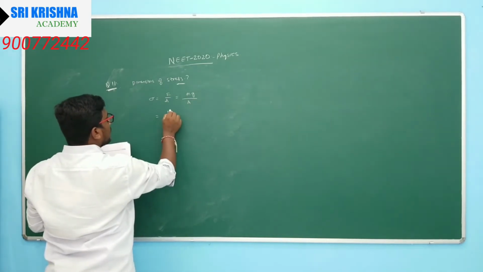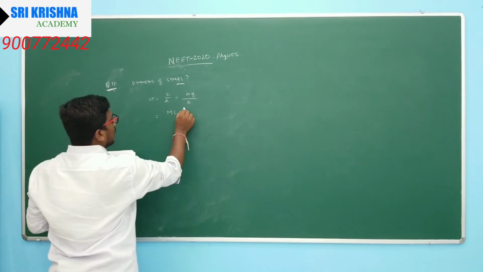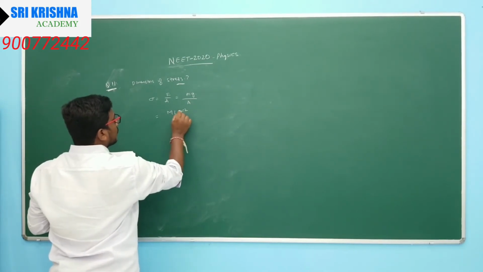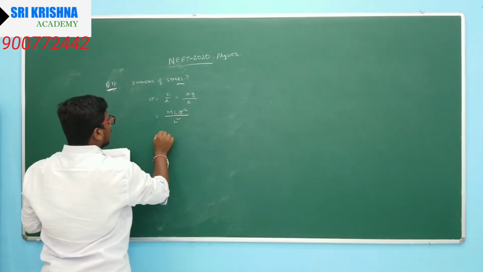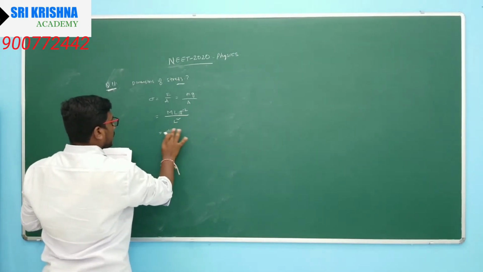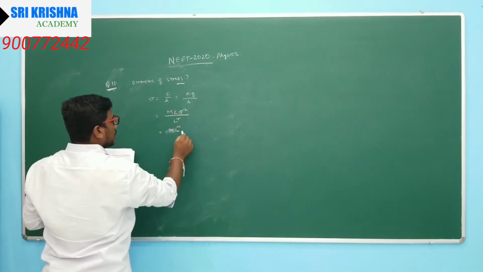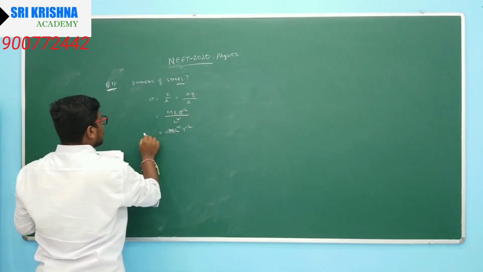M, acceleration is L t to the minus 2 divided by L square, right? So this is M, L to the minus 1, t to the minus 2. So these are the dimensions.